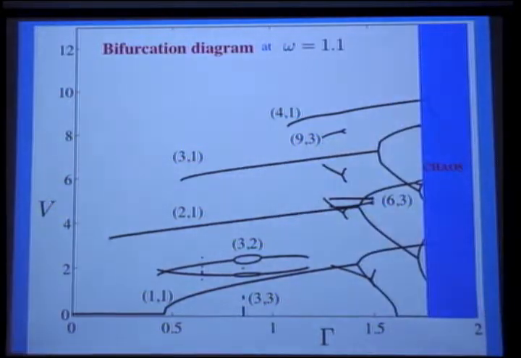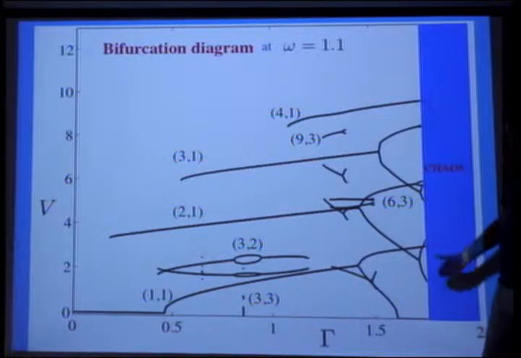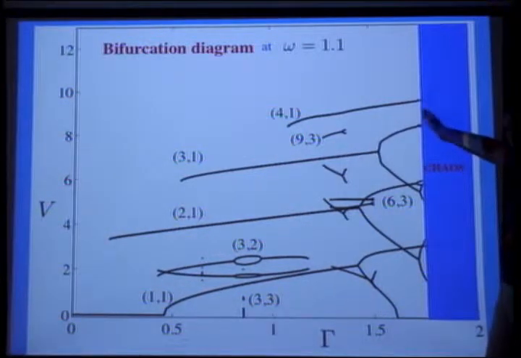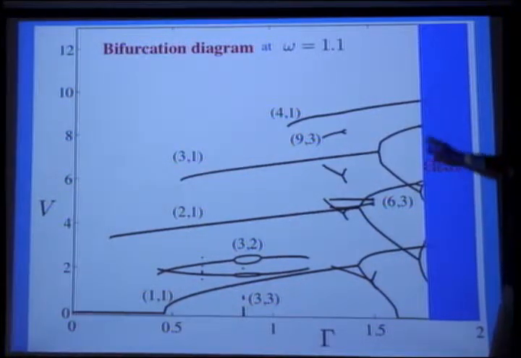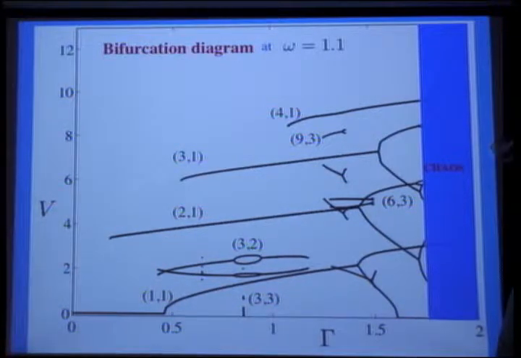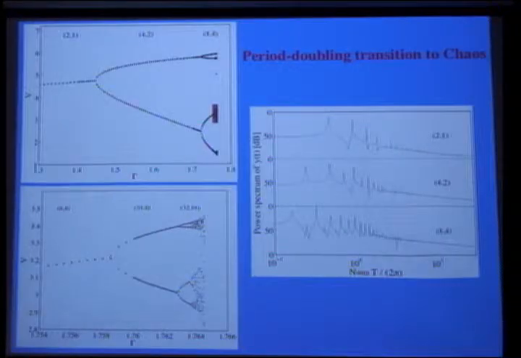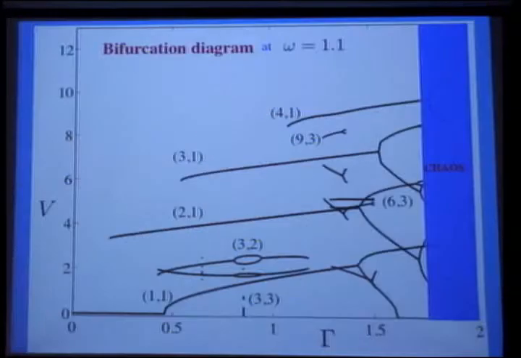So if you zoom in, beyond a certain point, almost all the solutions are chaotic, but you have these little windows of periodicity, which is something sort of classic in dynamical systems as well. So if we look at these period doubling transitions, we zoom in.